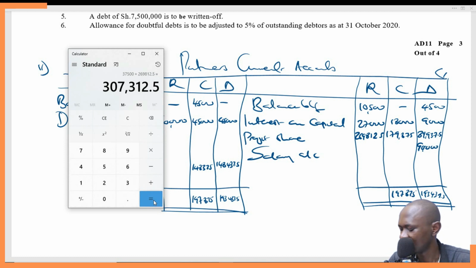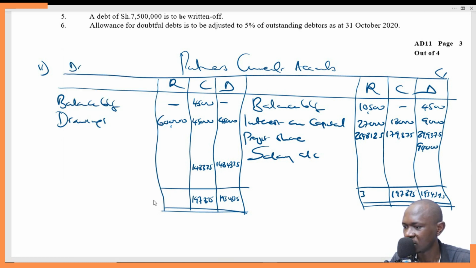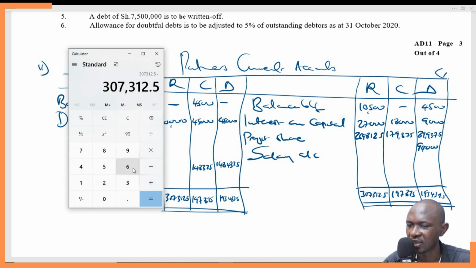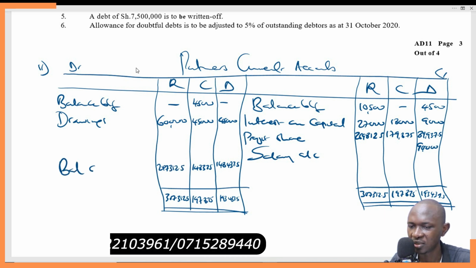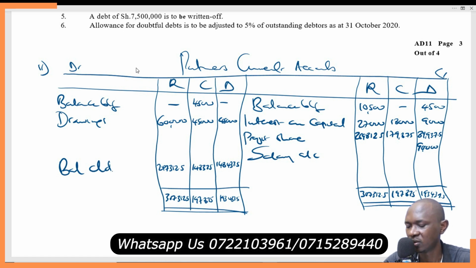That gives us 307,312.5. Minus 60,000. This is 247,312.5. So this becomes our balance carried down, 247,312.5.